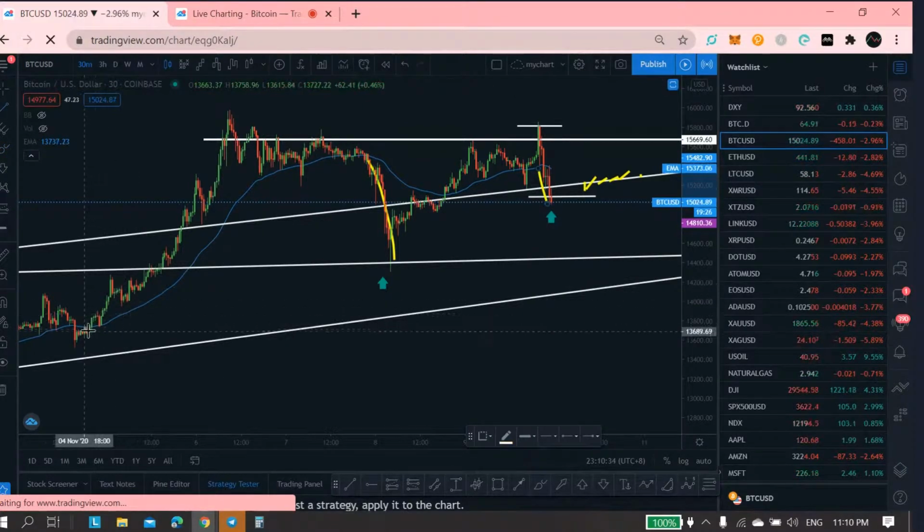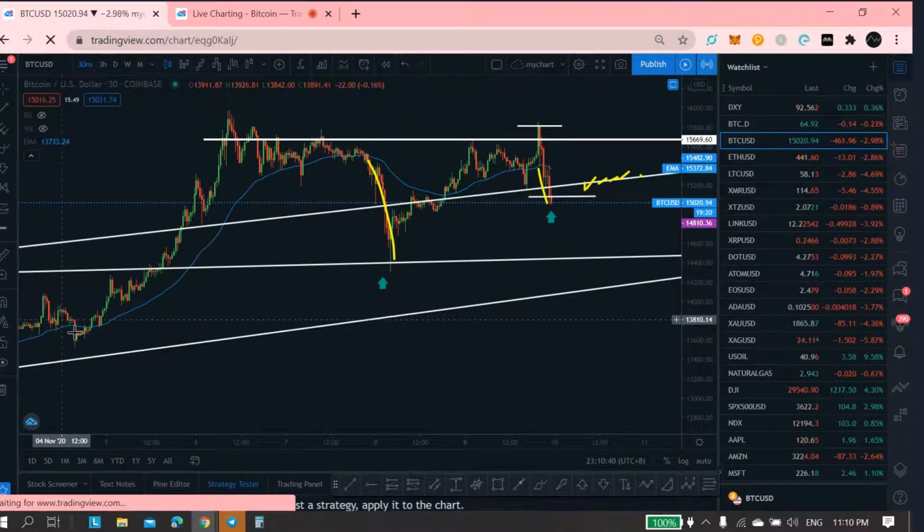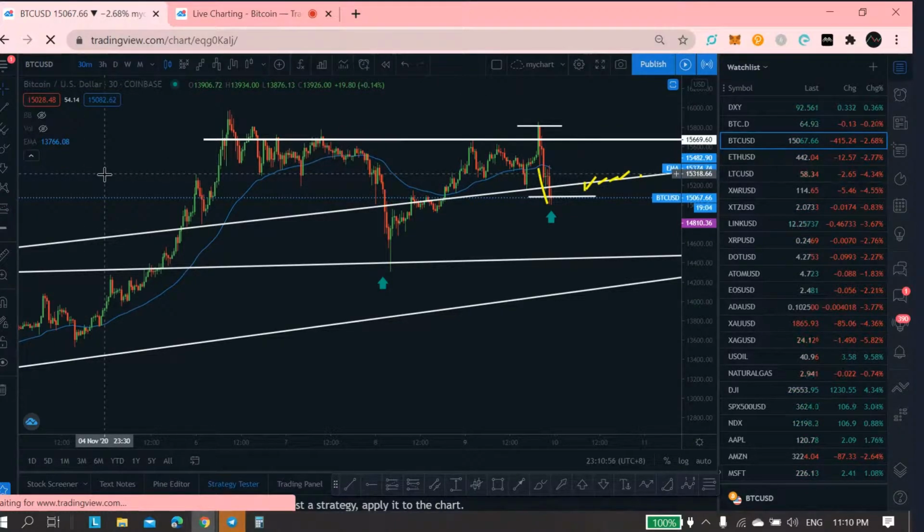But if it breaks above, that's bullish. And of course, it can also serve as support and resistance. And of course, watch out also for golden cross and dead cross. But you need at least 2 EMAs or any other moving averages.